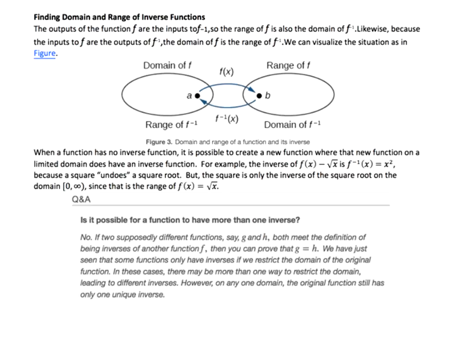I did want to include this information about the square root of x because this is important here. When a function has no inverse function, it is possible to create a new function where that new function on a limited domain does have an inverse function.